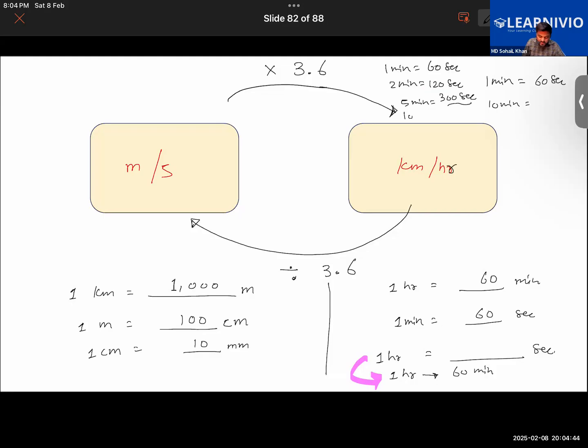What about 10 minutes now? Whatever time is given in minute, you multiply by 60 to get it in second. So 10 minutes multiplied by 60 is 600 seconds.